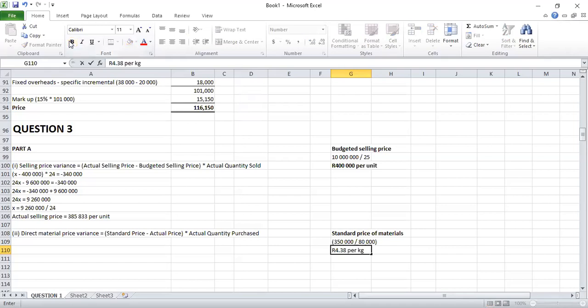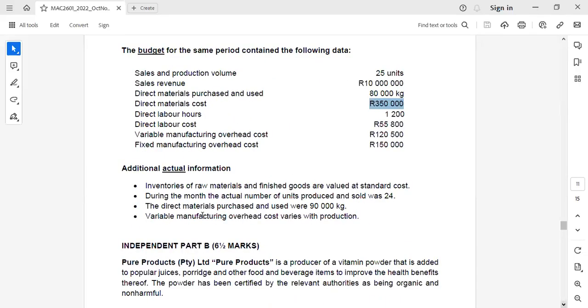Right. Then the actual quantity purchased. The direct material purchased and used were 90,000.